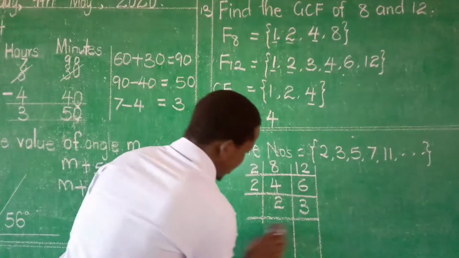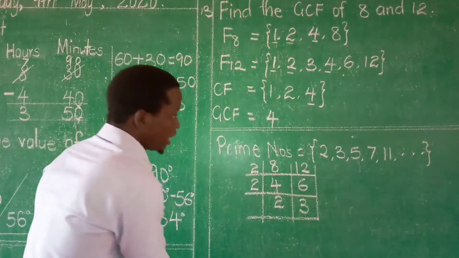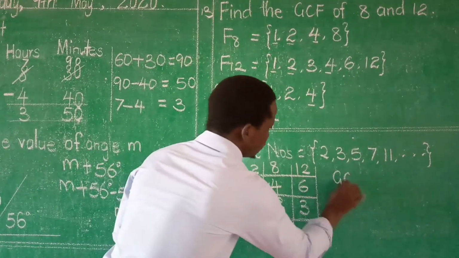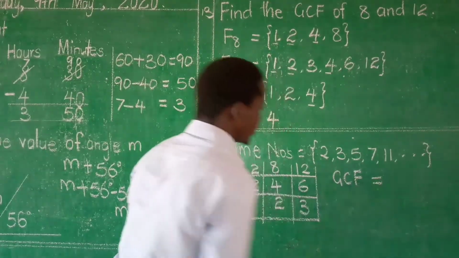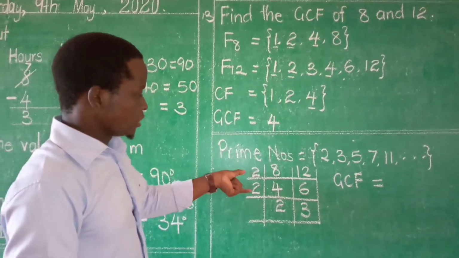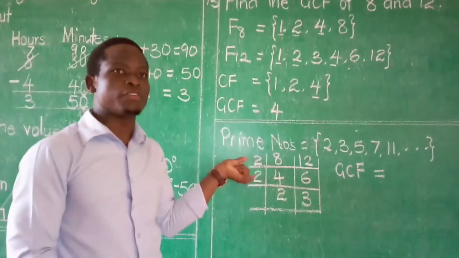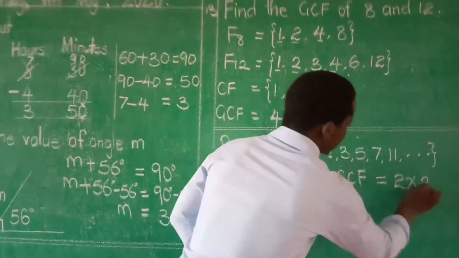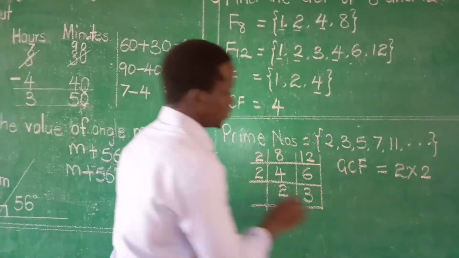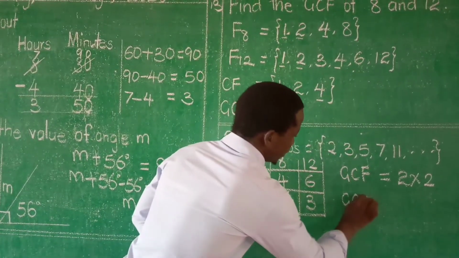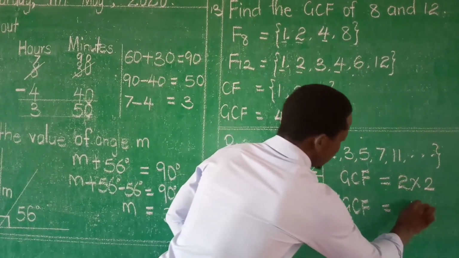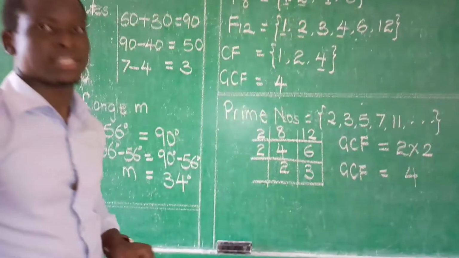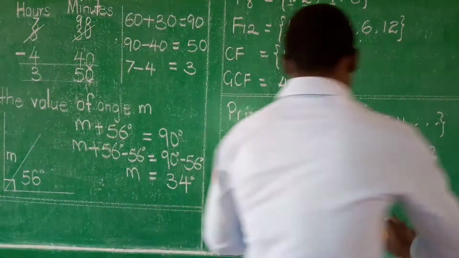And I now get my GCF as the product of the factors I have used, and this will be 2 times 2. Finally, our greatest common factor is equal to 4. Got it? Yes. We underline as well.